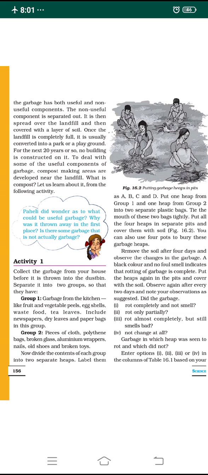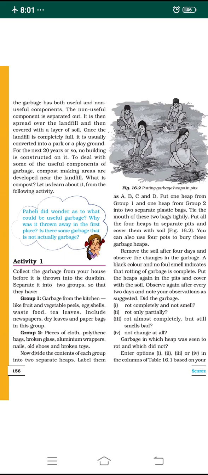Group 2 is pieces of cloth, polythene bags, broken glass, aluminum wrappers, nails, old shoes and broken toys.